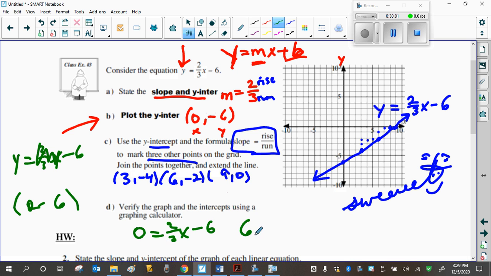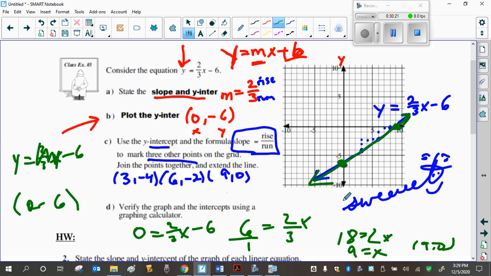So 6 equals 2/3 x. And then I cross multiply to get 18, and I get 9 equals x. So (9, 0). So then I just plot (0, -6) and (9, 0), and if I have 2 points on the line, that's all I need to draw the whole line. So that's another way you can verify.